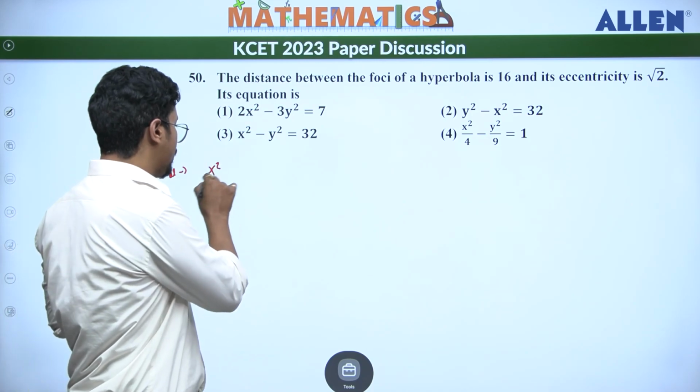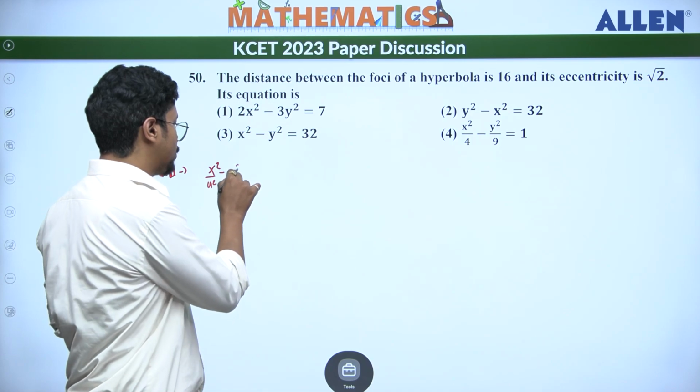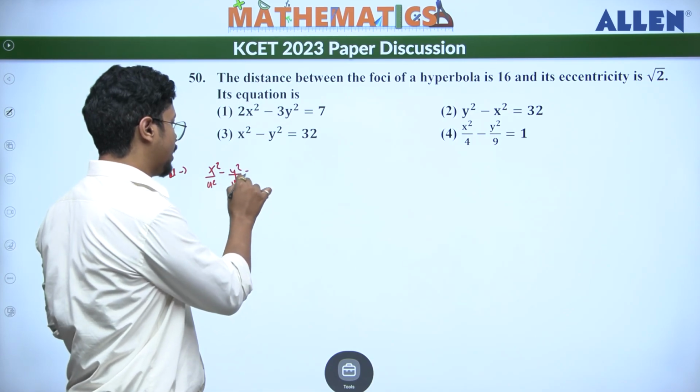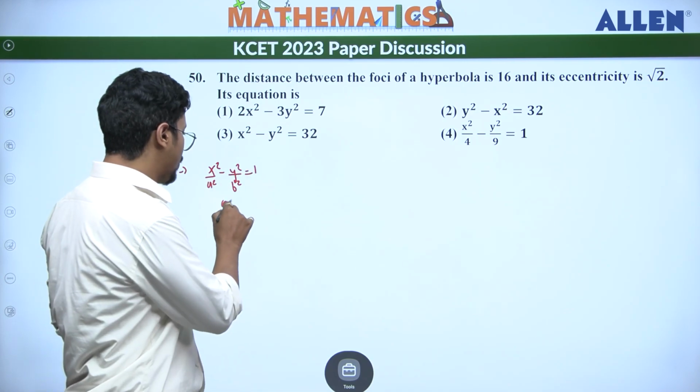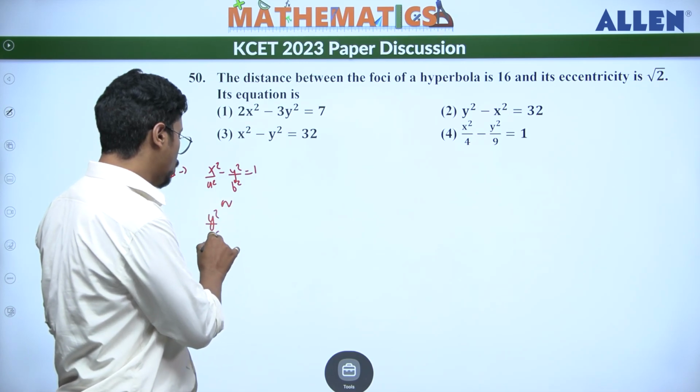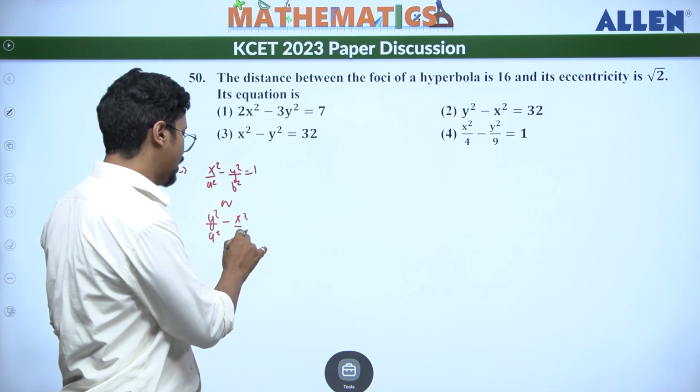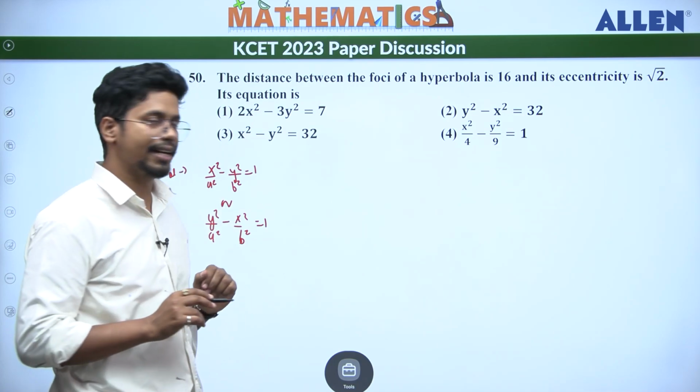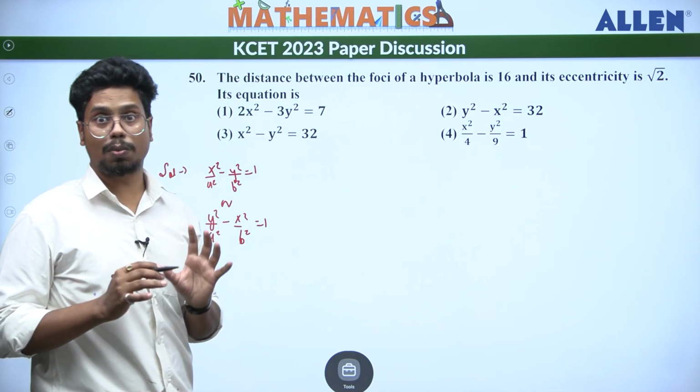Either the hyperbola's transverse axis is the x-axis, or the hyperbola's transverse axis is the y-axis. Are you getting it? So there are two possibilities.